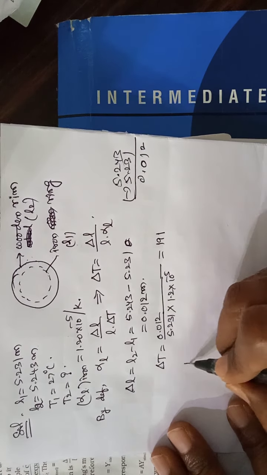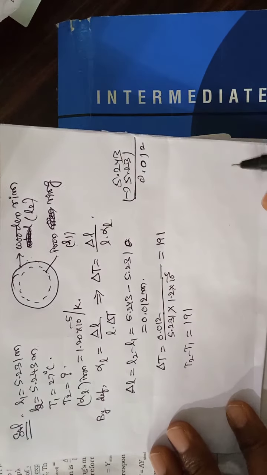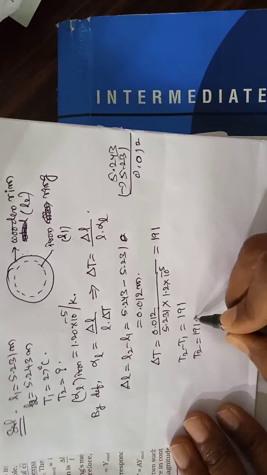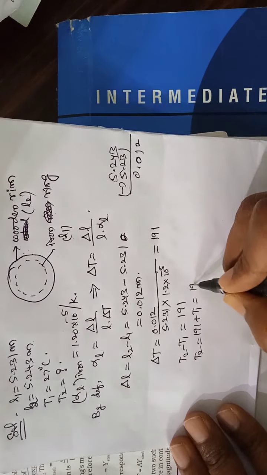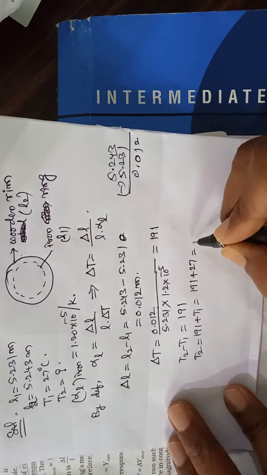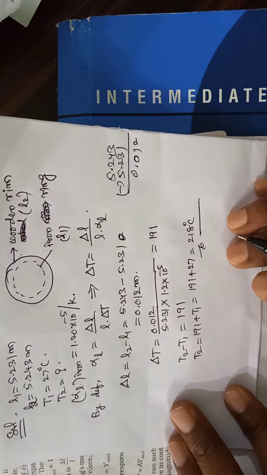Delta T means T2 minus T1. Now T2 is asked. T1 is 27. So we get 218 degrees centigrade.